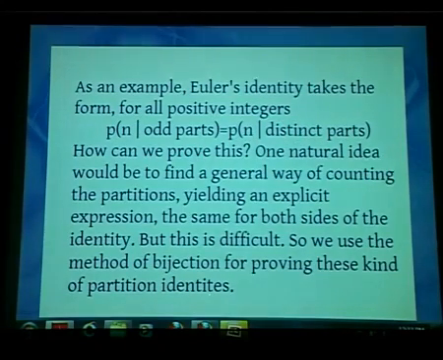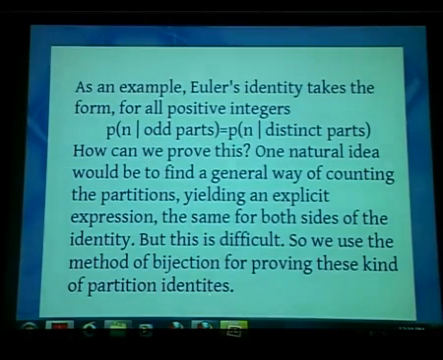Mathematically, by counting we can verify this for a few numbers, but if n grows larger, how can we prove this using this mathematical statement? One natural idea is to calculate on the left side, arriving at a formula, and calculate on the right side, arriving at another formula, and say these two are equal. But that is also difficult. If n grows, how can you tell all these many things?